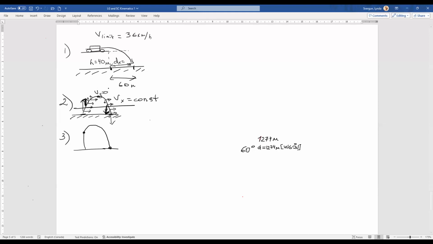But in physics, we call range the horizontal distance. So range was 60 meters. Horizontally, the object moves with constant speed, vertically with acceleration. So if we know how many seconds the object was dropping down, we'll be able to find the horizontal speed and compare with the speed limit.